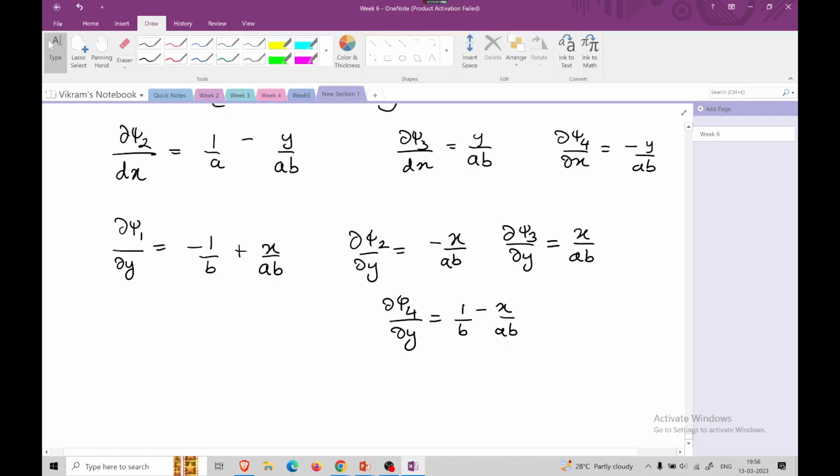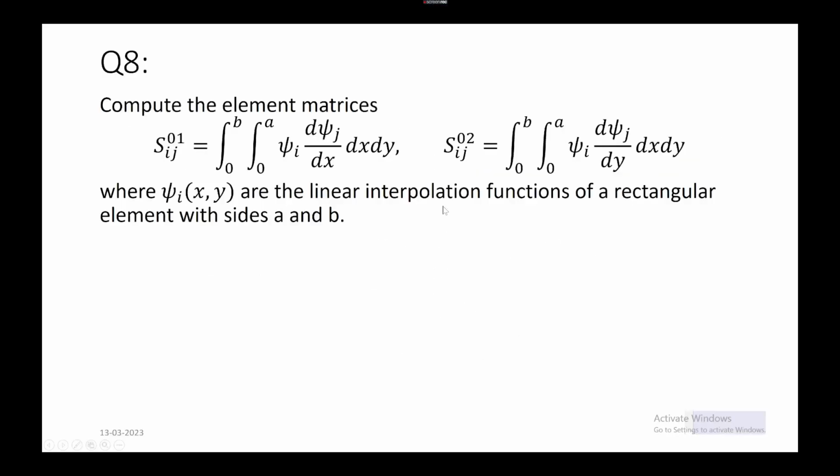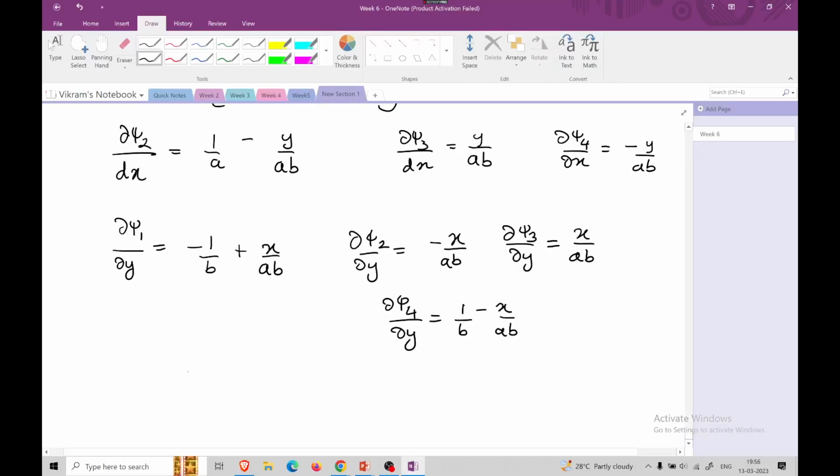Okay, so what they are asking in the question is psi i into dou psi j by dou x. I will just do it for one element. You can simply do the rest of the elements and develop the matrix, right? So first I am going to do psi 1 into dou psi 1 by dou x, correct?